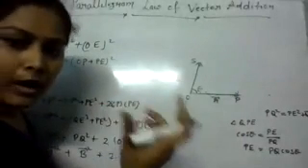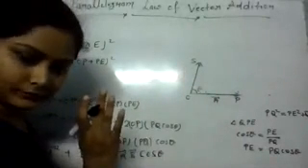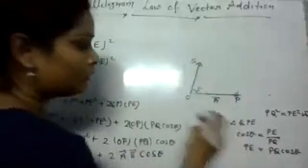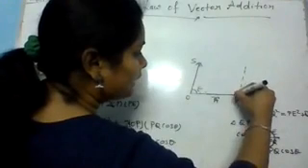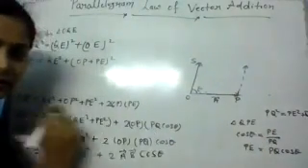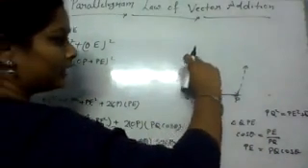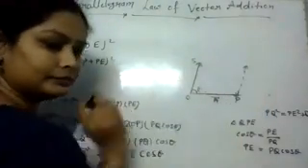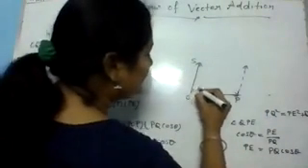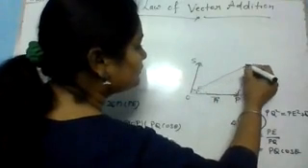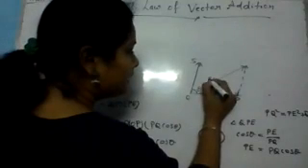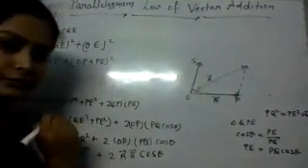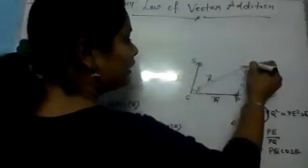Now we have to find the resultant of these vectors. So what we will do, we will make a similar vector of B vector like this. Just put this B vector here. Now your resultant vector will be this diagonal of the parallelogram, and this will be represented by R vector.